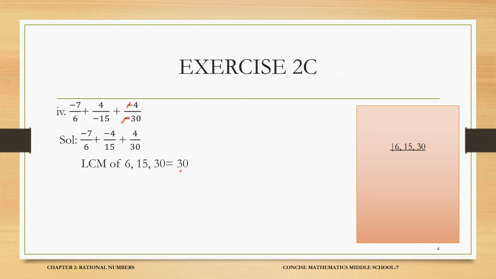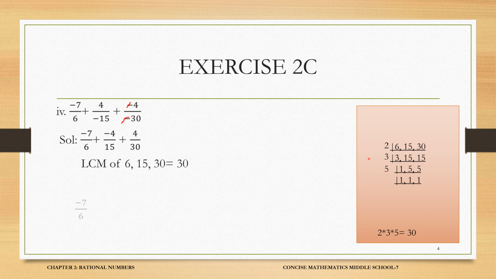Always start dividing these numbers with the least number, that is 2. 2 3s are 6. 15 you can write down as it is because it is not divisible by 2, and 2 15s are 30. And next, because 3 and 15 are not divisible by 2, we are moving on to the next number 3. 3 1s are 3, 3 5s are 15. Now it is divisible only by 5. 5 1s are 5. So 2 into 3 into 5, it becomes 30.